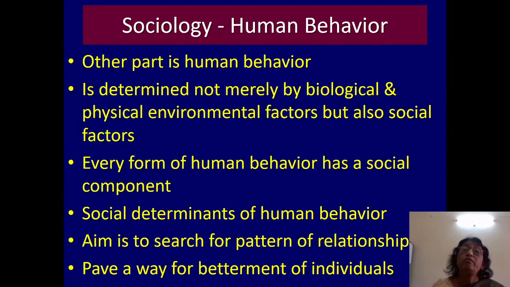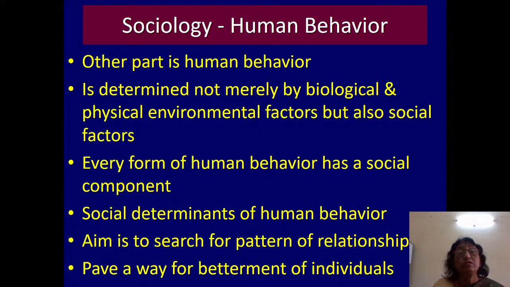It is also influenced by social factors, the peer pressure. If there are four friends and one of them smokes, he wants to inculcate the habit of smoking among the other three also. And there is a peer pressure. So that is the social factor. So every form of human behavior has a social component.